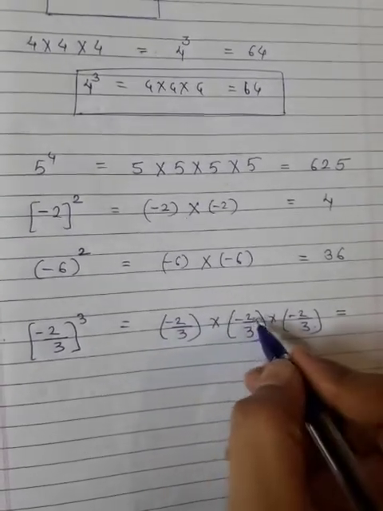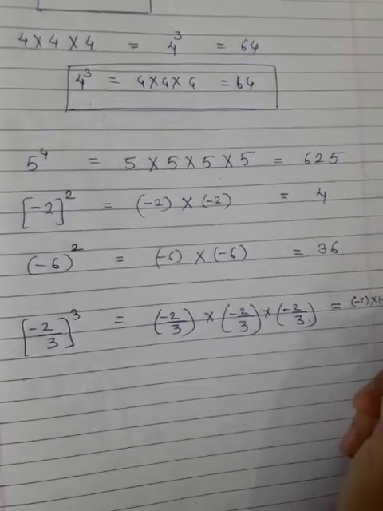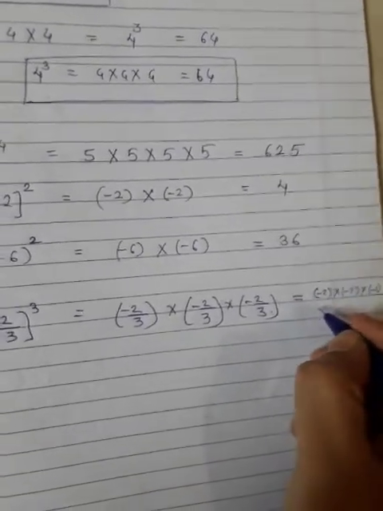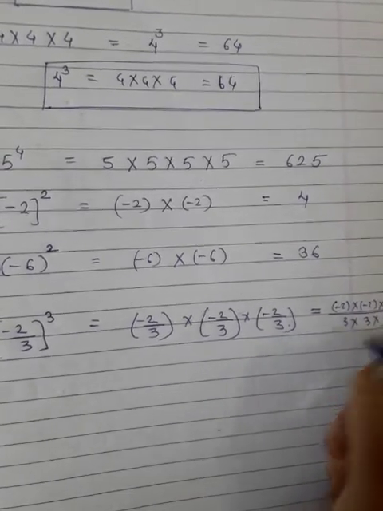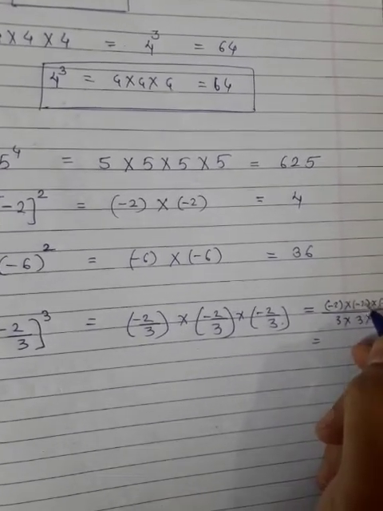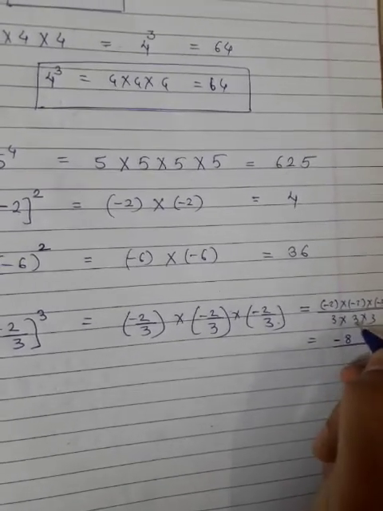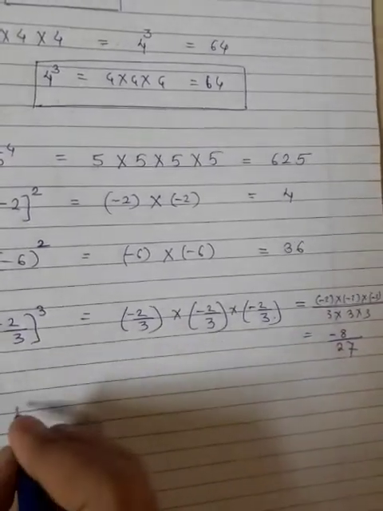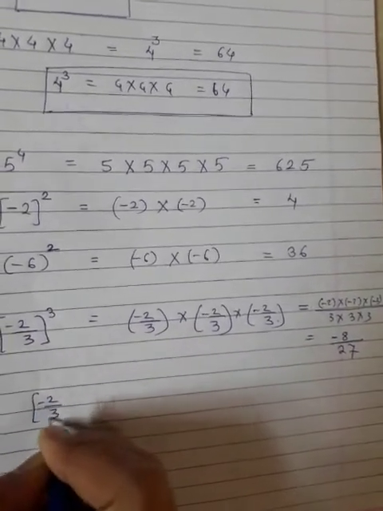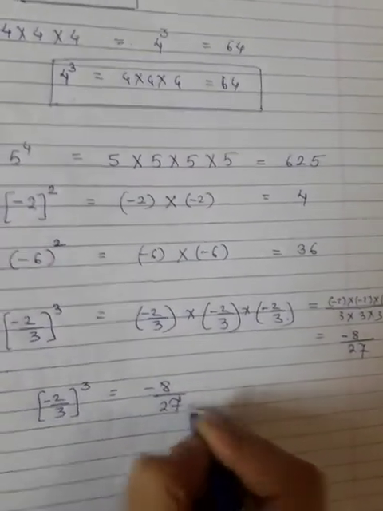So minus 2 into minus 2 into minus 2 upon 3 into 3 into 3. Minus minus plus, plus minus. 2 2s are 4, 4 2s are 8, upon 3 3s are 9, 9 3s are 27. So here minus 2 by 3 raised to 3 gives you minus 8 upon 27.